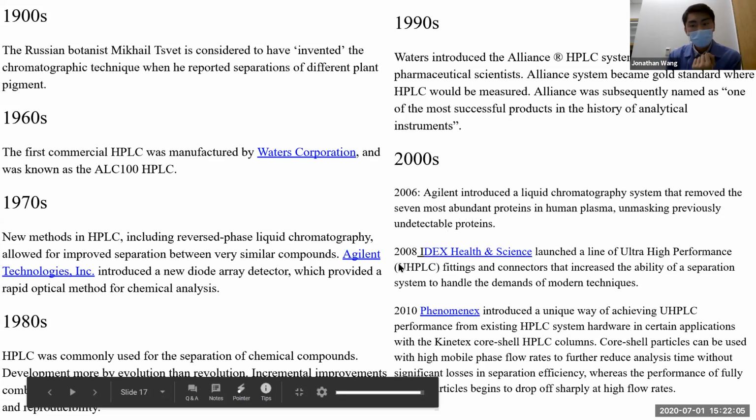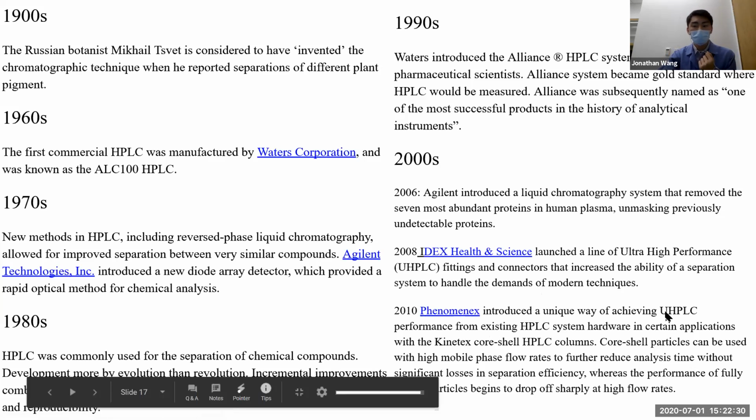In 2008, a company called IDEX made some improved fittings and tubing setups for increasing the pressure and the ability to separate different components. Finally, in 2010, a company called Phenomenex. This one is much smaller compared to the other outlined ones, but they're actually local to Torrance, California.